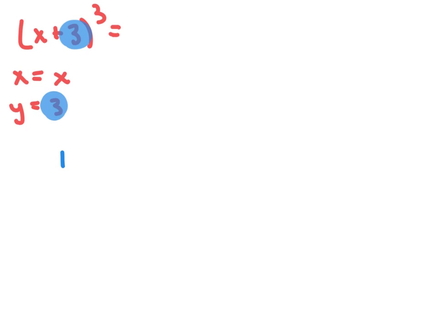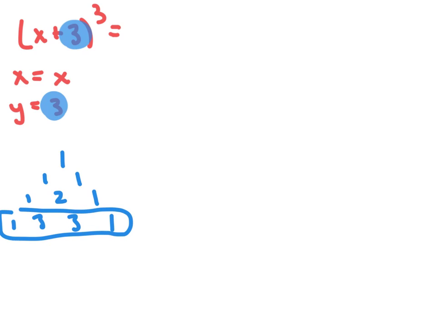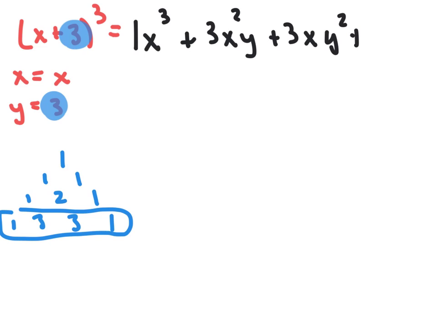Now you and I know to start with our Pascal's triangle, and this becomes our set of coefficients. So let's do that. 1 x to the 3, no y value, then 3x squared y, then 3x y squared, and then 1y cubed.